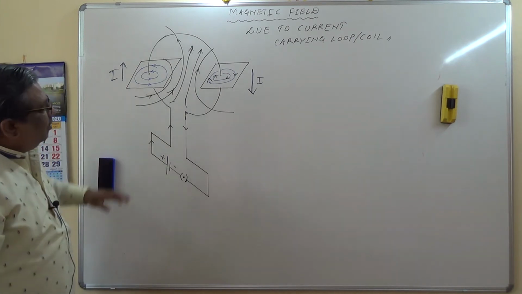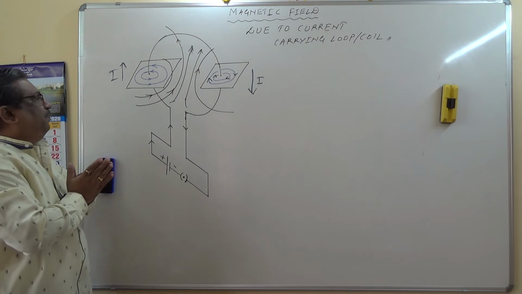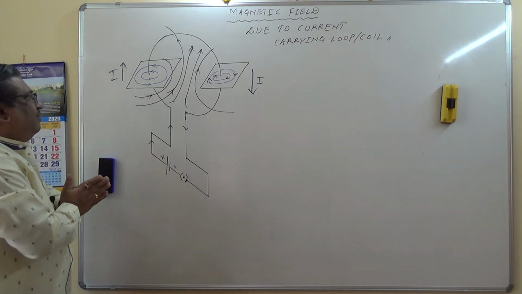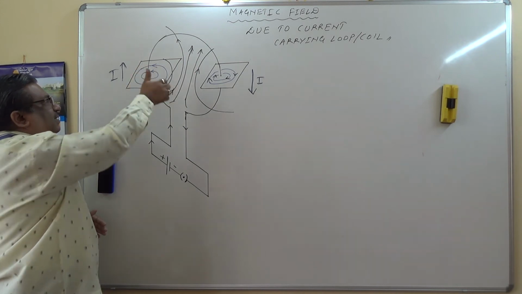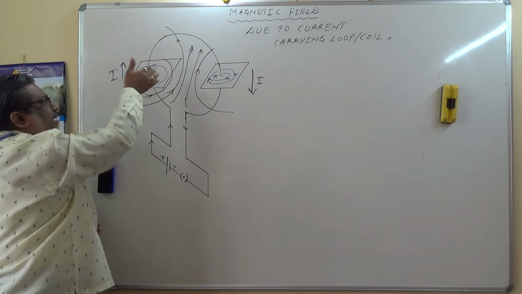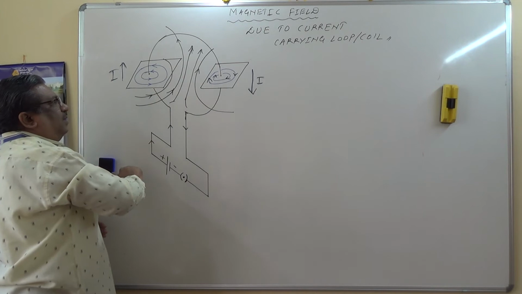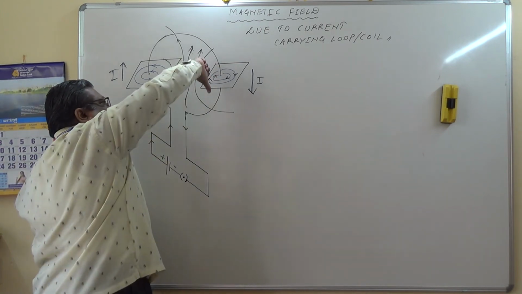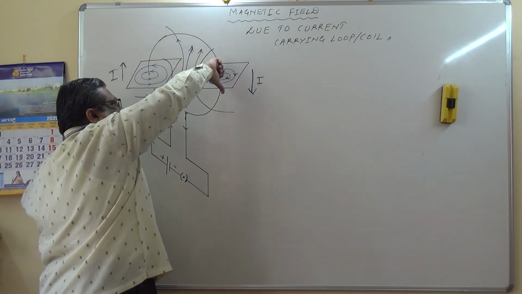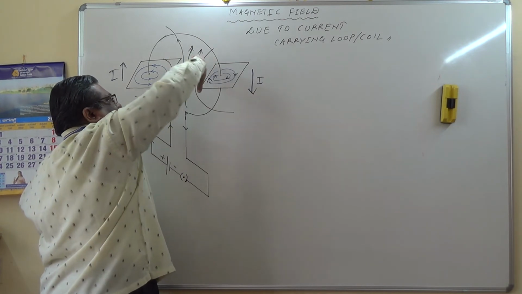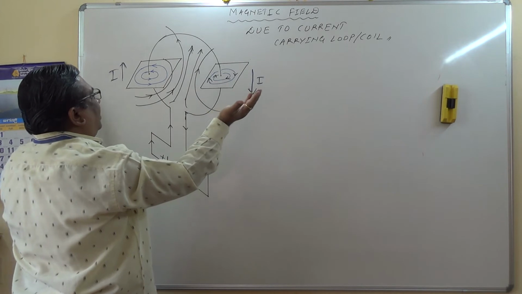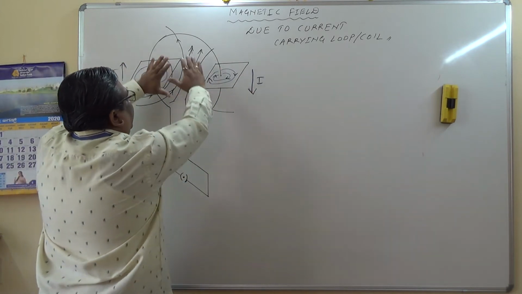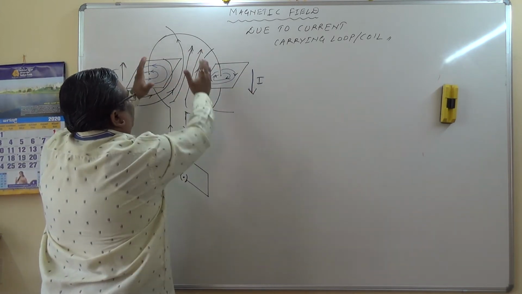Dear students, I hope you are able to understand here. Magnetic field lines at this point, by applying the right hand thumb rule, are entering into the board. While applying the right hand thumb rule for this side of the conductor, the field lines are entering inside and coming like this. So the field lines are entering inside the space enclosed by this loop.